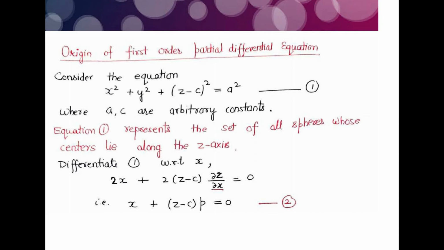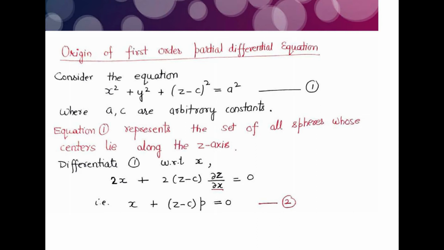So there are two arbitrary constants, and I am assuming that z is a function of two independent variables, x and y. When no information is given, we always treat z as dependent variable, x and y as independent ones. So start with equation number 1, differentiate both sides with respect to x.